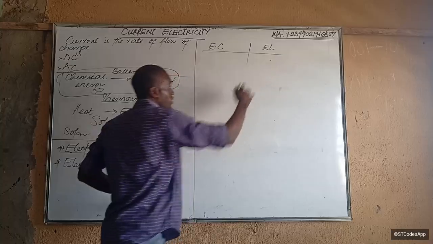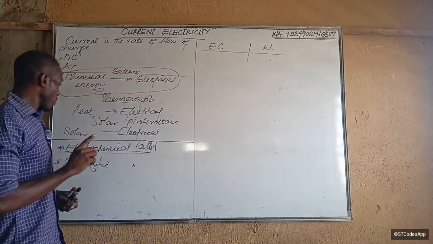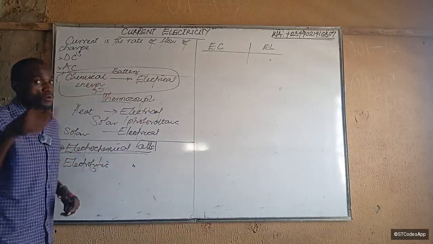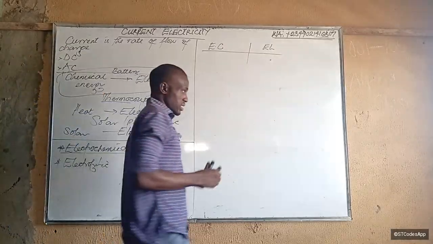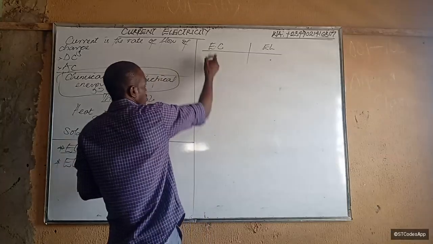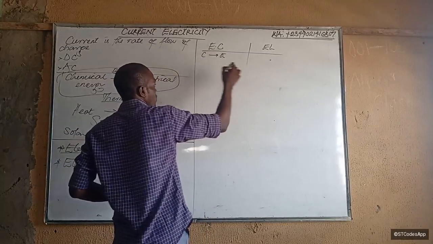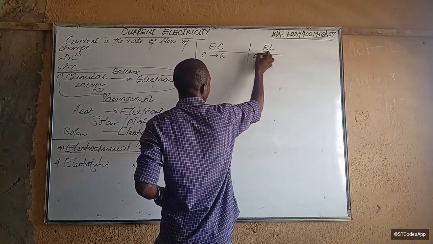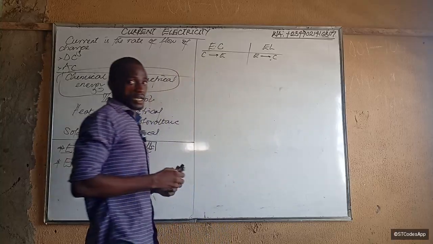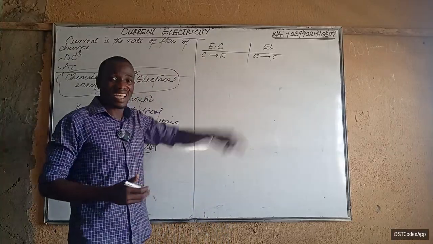In the electrolytic cell, there's going to be a conversion from electrical energy to chemical energy. So they are reverse processes of each other. That's the transformation taking place inside them.